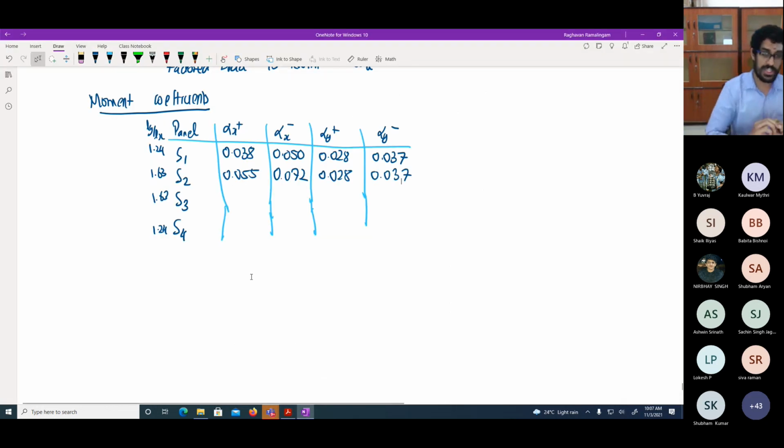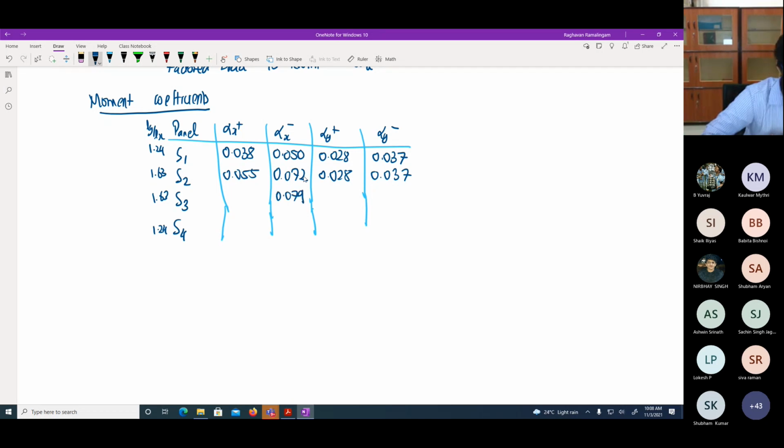So what is the negative moment coefficient for S3? Tell the midway value. You just take the difference, divide by 2 and add it to the lower value. How much do you get? 0.0795.